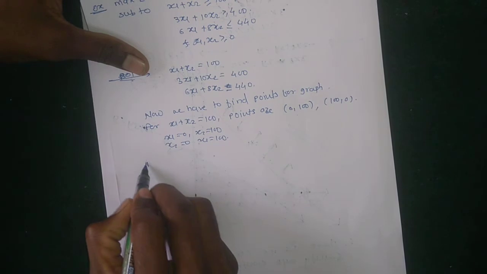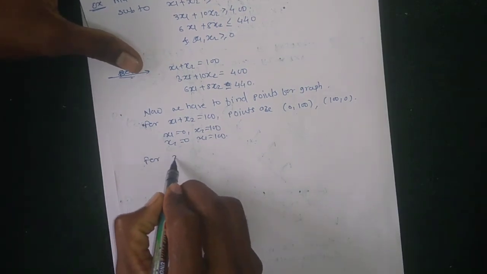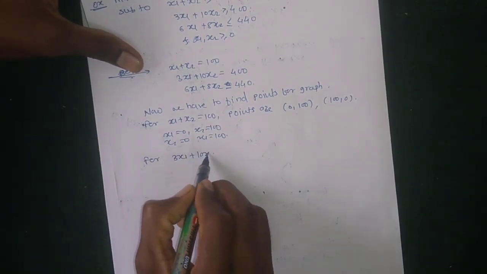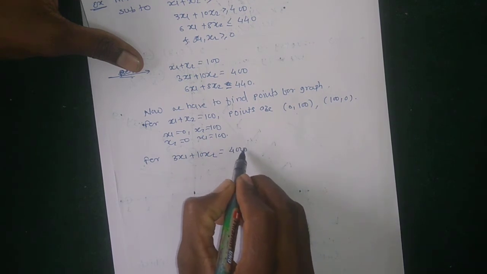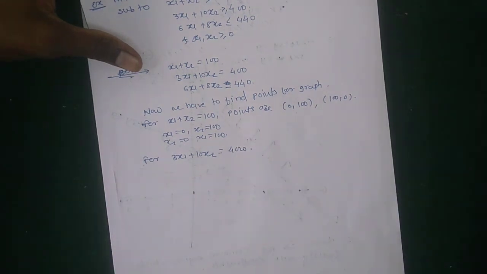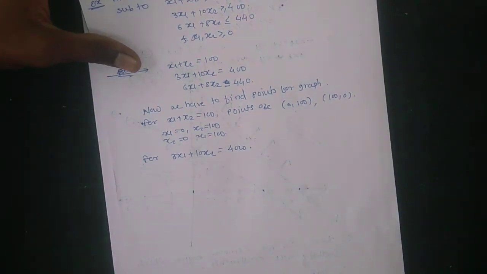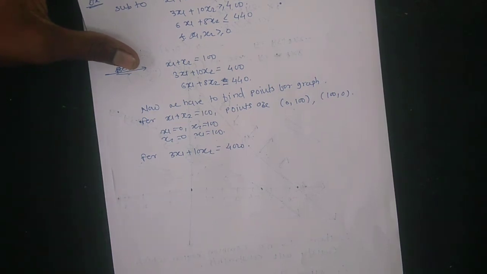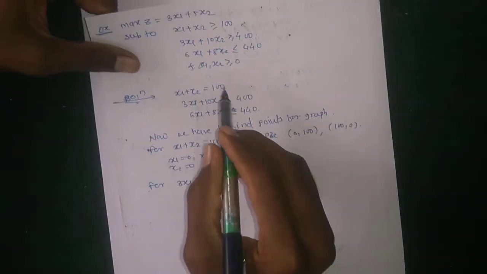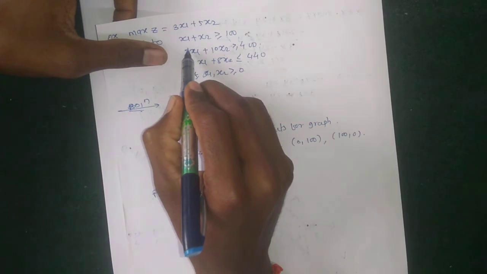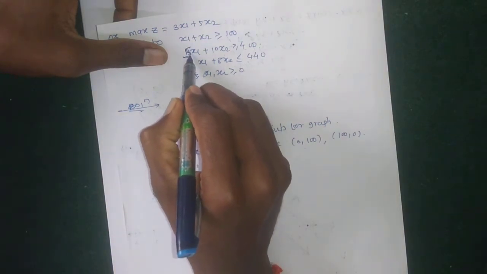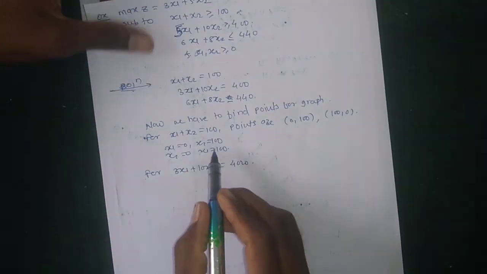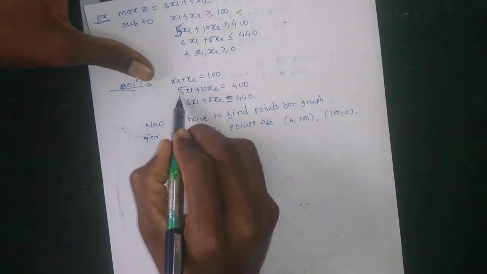Now for 5x1 + 10x2 = 400. Sorry, here it is not 3, here it is 5x1. So 5x1 + 10x2 is equal to 400.